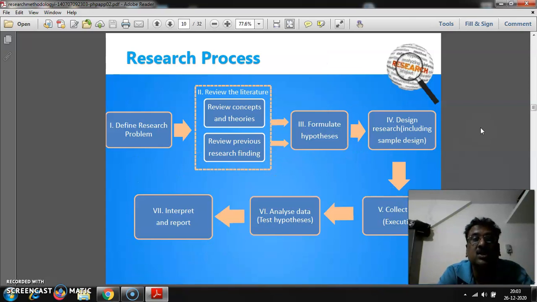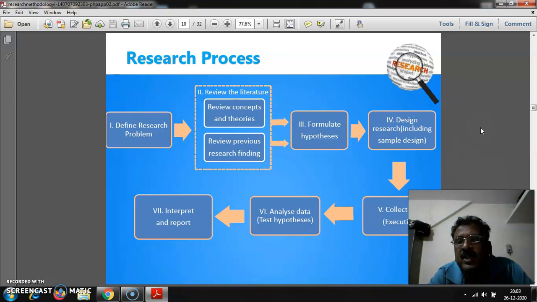Research process. The research process consists of 7 steps. First is defining the research problem. Second is review of literature, review of concepts and theories, and review of previous research findings. Third is formulating the research hypothesis.